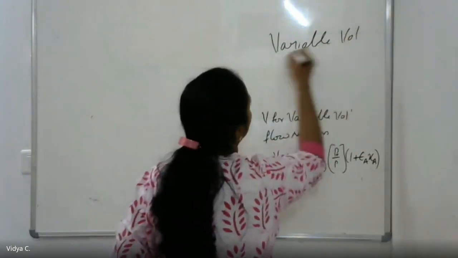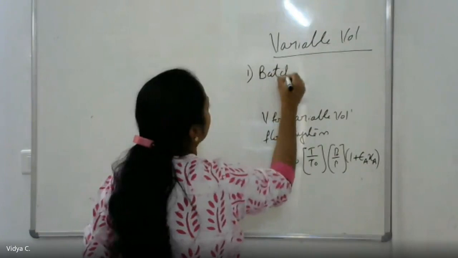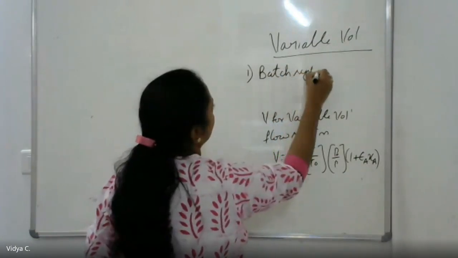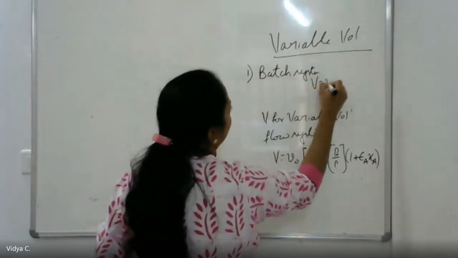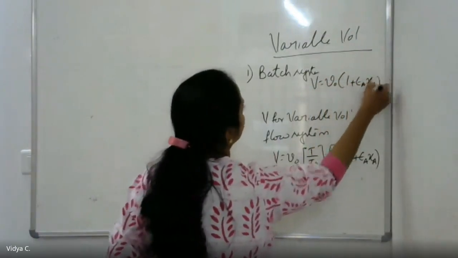Variable volume batch system: V is equal to V naught into 1 plus epsilon A XA.